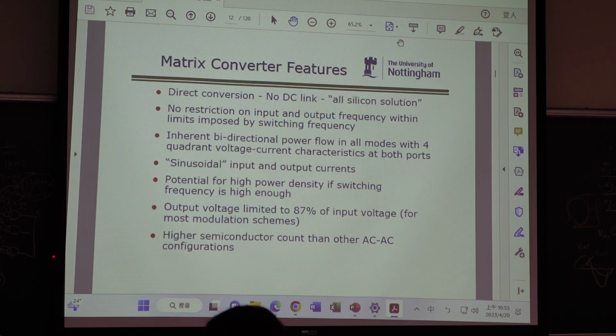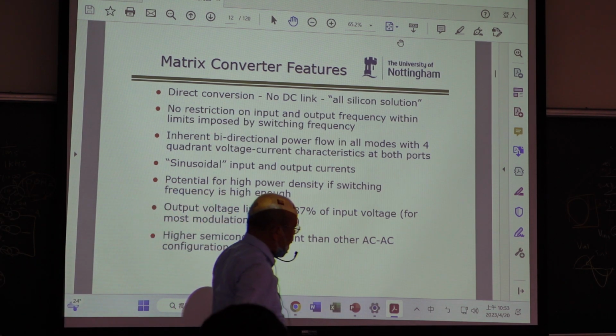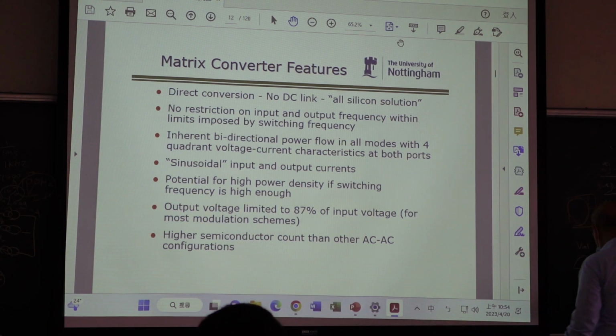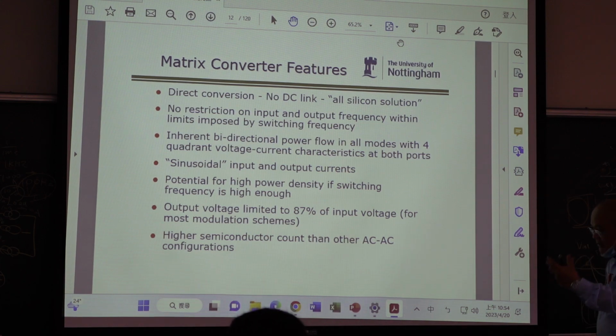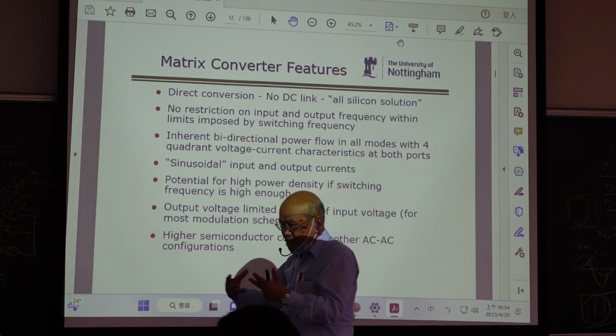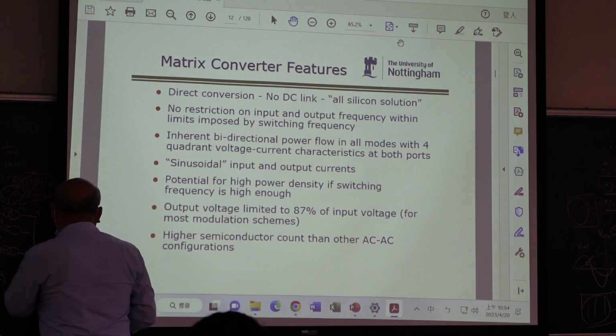So no DC link capacitor. If you do not use DC link capacitor, which means your size becomes small, right? Because DC link is very huge. So if you have a circuit, the DC link like this, and the other is your IGBT, it occupies this area. But now I can remove DC link, which means I can reduce space.